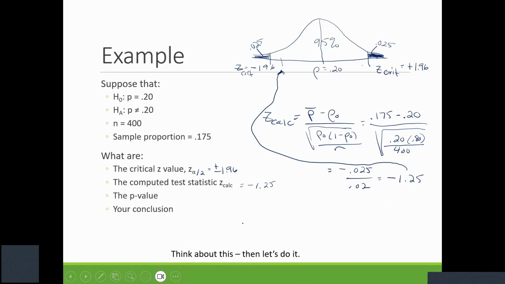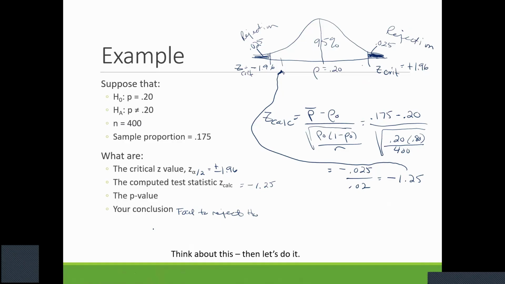It is not in the critical region, the other thing we call this is the rejection region, and it's not in the rejection region on either side. So our conclusion is that we fail to reject H0.